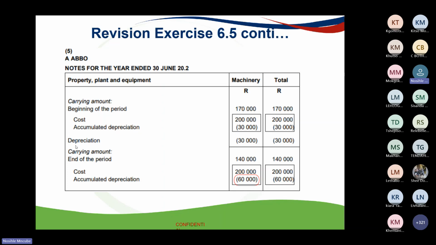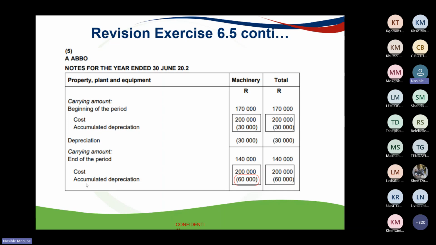And then they've also given us the depreciation for the current period. We know depreciation reduces the value of your asset. So the depreciation of 30 also has to be included there. At the end of the period, the carrying amount: we have the cost, which is not changing, the 200,000.